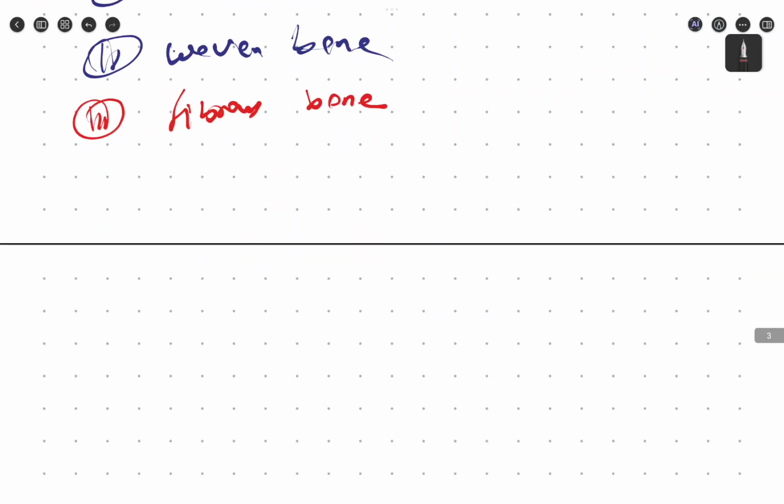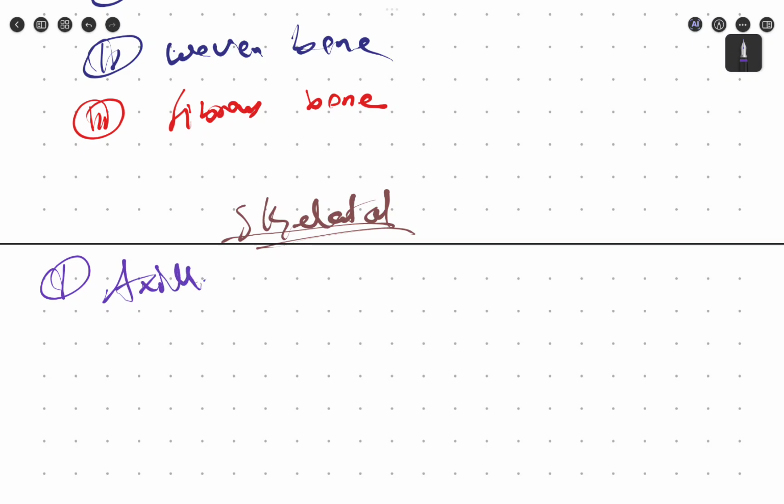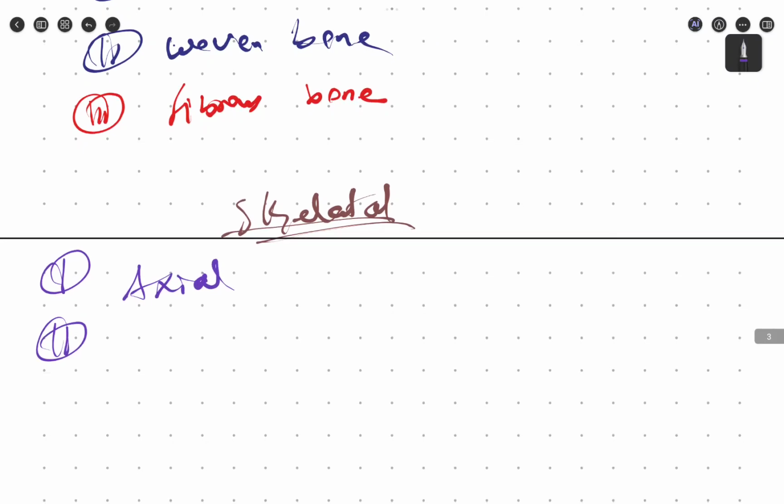Now, if we divide the skeletal system bones based on where they are present: if present axially, they are called axial bone, and if present at the sides, they are called appendicular bone.